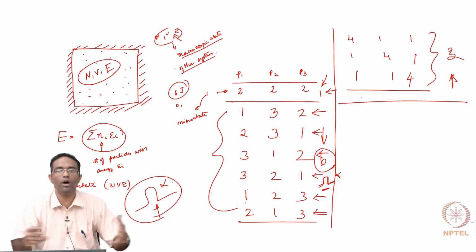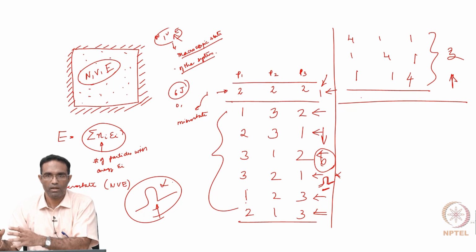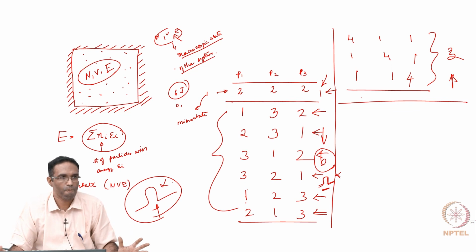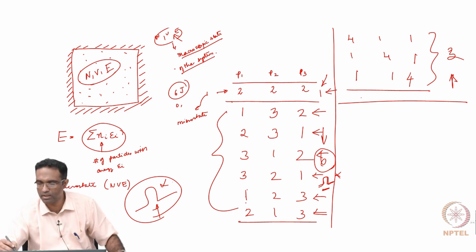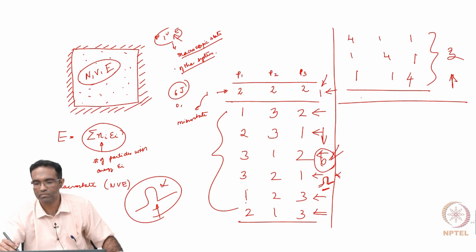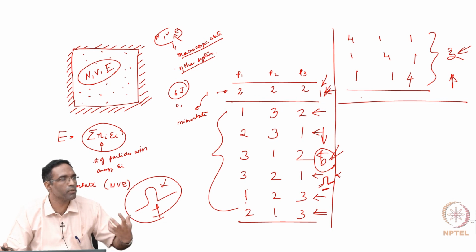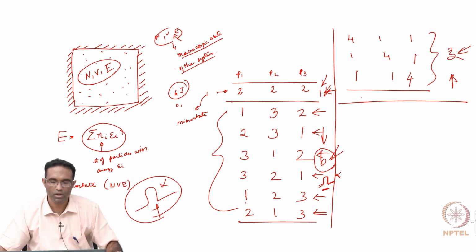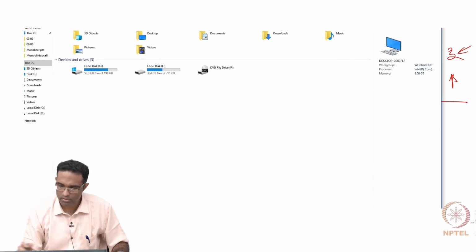Of course, it depends on your N, V, E, but it is going to turn out to be a large number for a system comprising a large number of atoms. So all these were omegas, the total number of complexions that you can obtain in order to reach a particular macrostate. Okay. So what we will do now to show that is as follows.